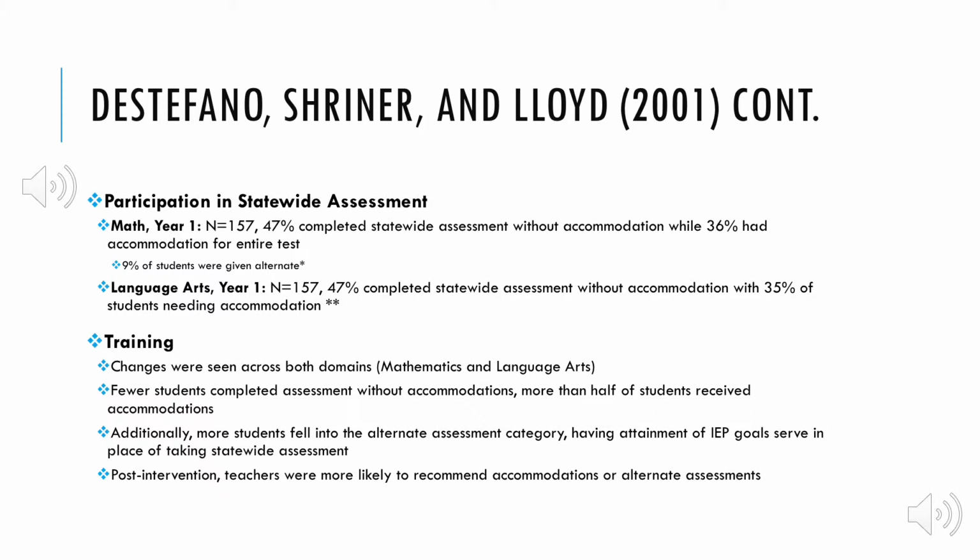Additionally, more students fell into the alternate assessment category, which means having attainment of IEP goals served in place of taking the statewide assessment. And post-intervention, teachers were more likely to recommend accommodations or alternate assessments, which shows that before intervention from the researchers, teachers' knowledge on proper accommodations or alternate assessments was limited for students with disabilities.